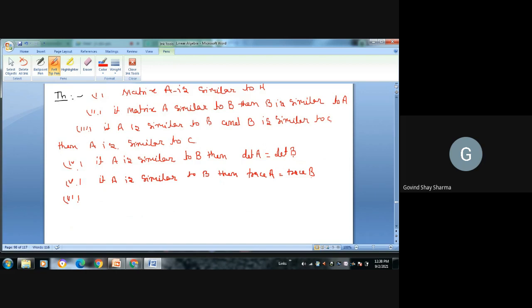If A is similar to B, then A to the power n is also similar to B to the power n, meaning the matrix multiplication A square, A cube, A4 is also similar to B, B square, B cube.